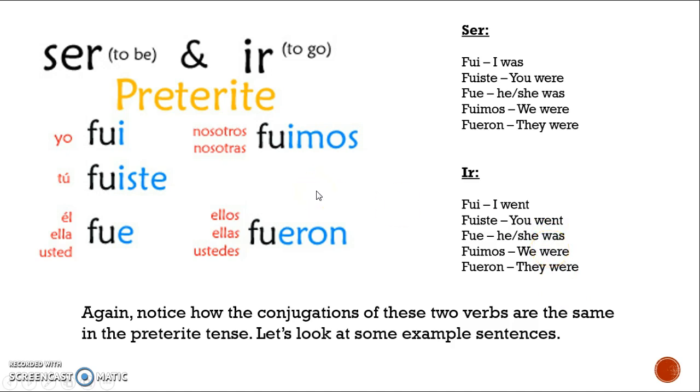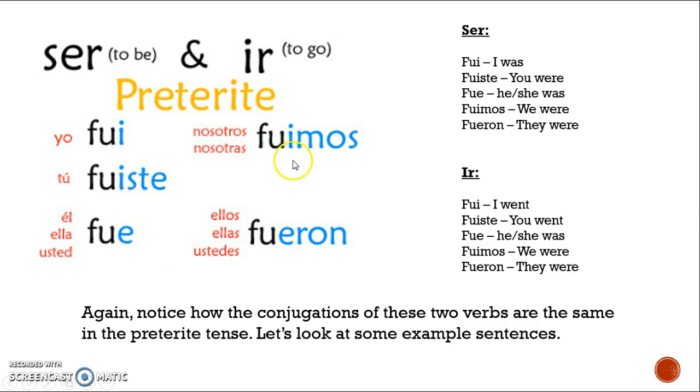Okay, now notice again, all of them for ser and ir, they all look the same. So how do you know when to use each one or what they look like in a given sentence? You're going to know by the context, and I'll show you in a minute. But let's look at the actual conjugations of them for a minute. Your preterite tense endings for IR and ER verbs were iste, ió, imos, ieron.